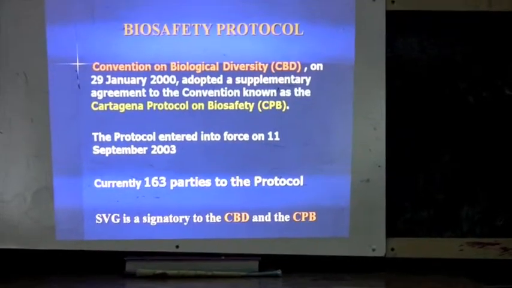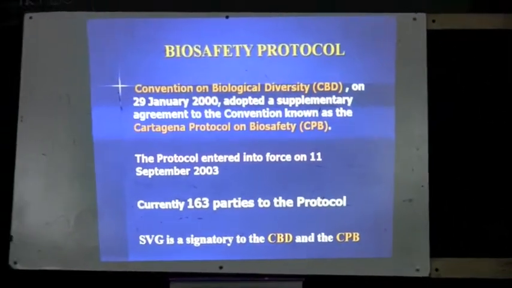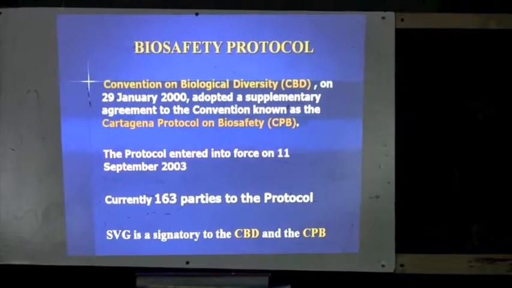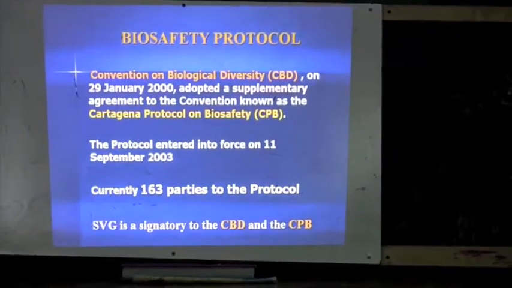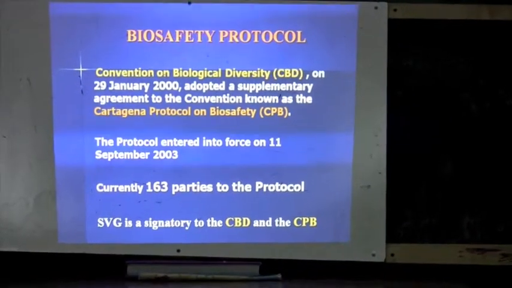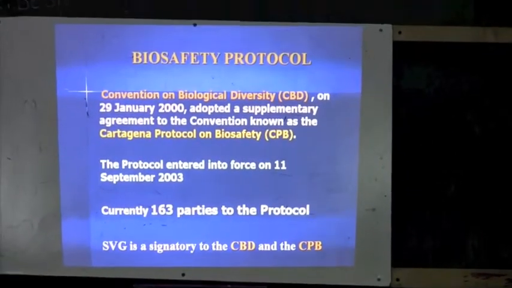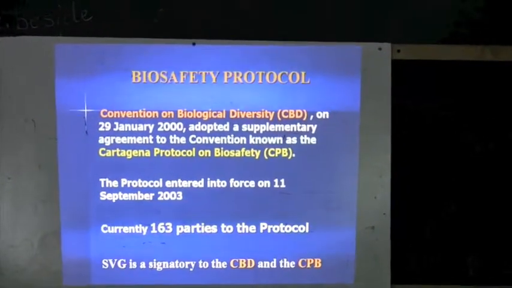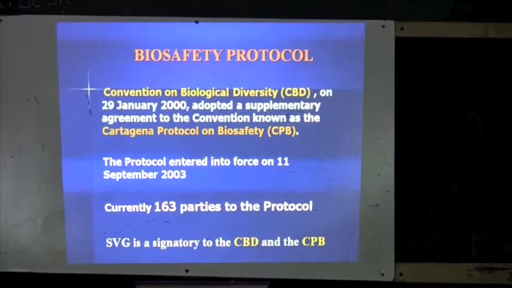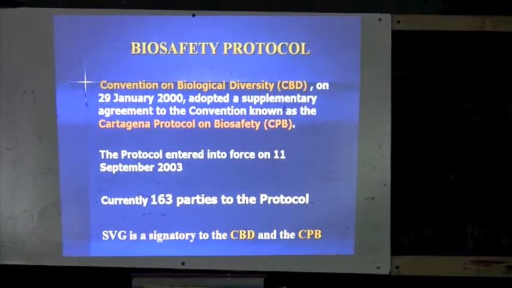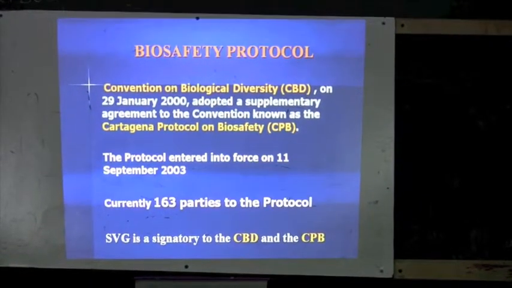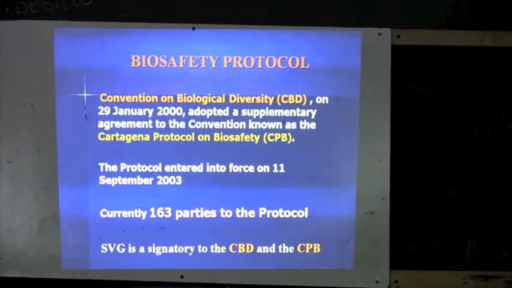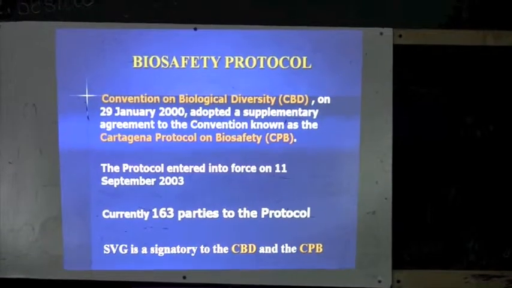Now, what has happened internationally is that there was a Convention on Biological Diversity, of course, through the United Nations, and on the 29th of January 2000, adopted a supplementary agreement, which is known as the Cartagena Protocol on Biosafety. And this protocol entered into force on the 11th of September 2003.